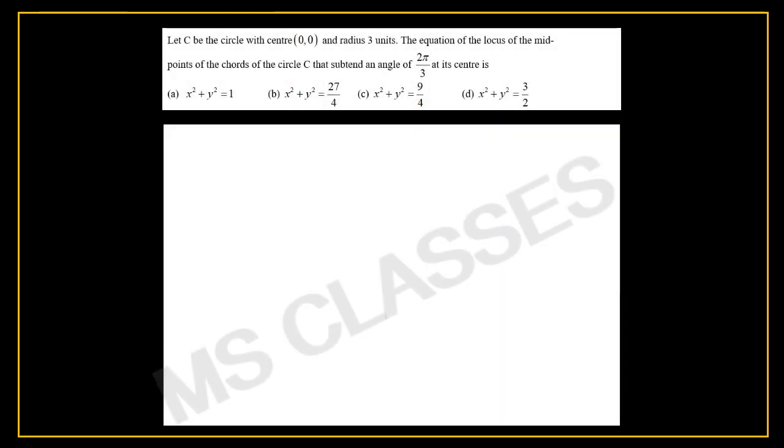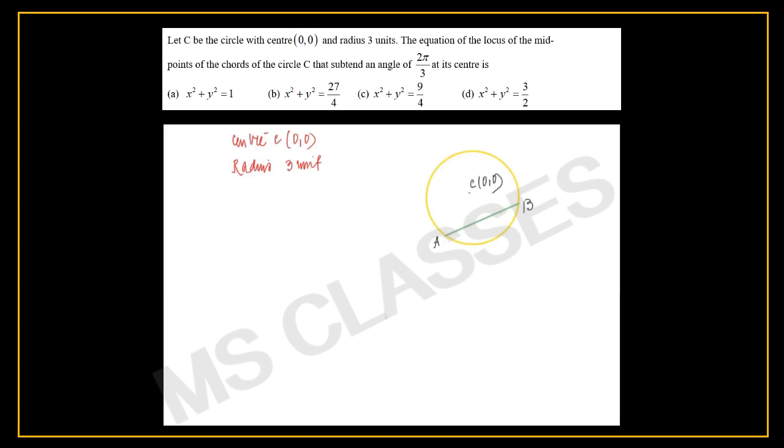Here it is given that center of the circle is C, which is 0, 0. Radius of the circle is 3 unit. Now, if we just decode this information here, then we can understand that here we have to take a chord which we take as A, B. Center is C, which is 0, 0.